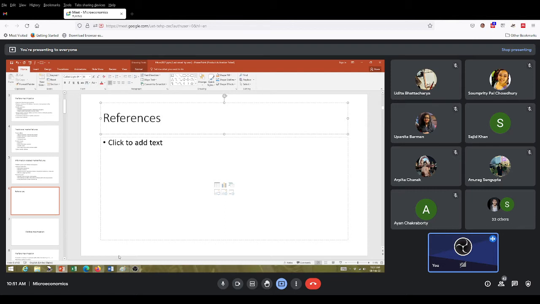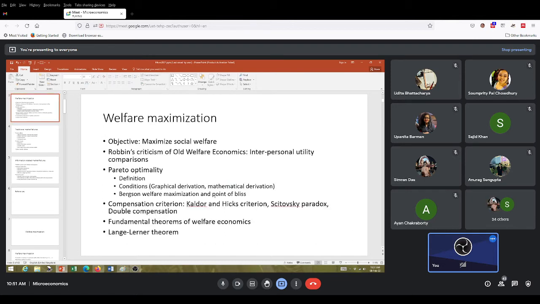Anyway, as I was saying about the references, the problem is that in the first lecture, for most of this, I'm not teaching from any particular book. I will refer you to some papers or books in some cases, like in Pareto Optimality, for instance.